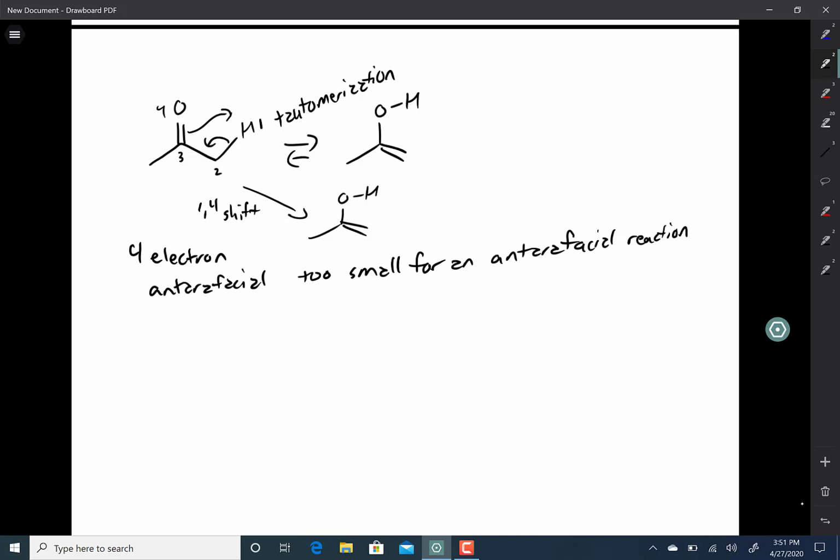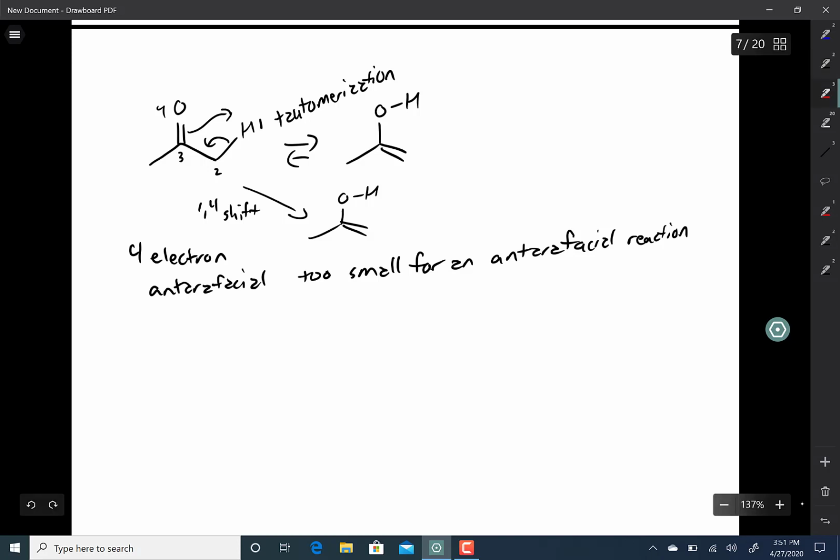You need to really have at least 3 pi bonds in a straight chain in order to have an antarafacial reaction. This is way too small.